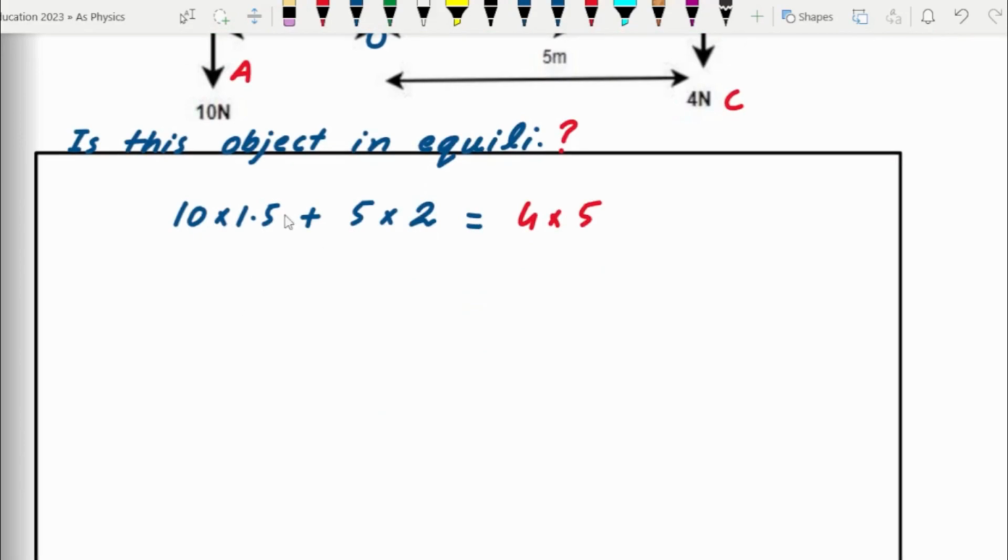So let's solve the left side. So what do we get is 10 times 1.5 would be 15 plus 5 4s are 20. So आपके पास आ गया 25 और यहाँ पे कितना आ रहा है आपके पास 20.